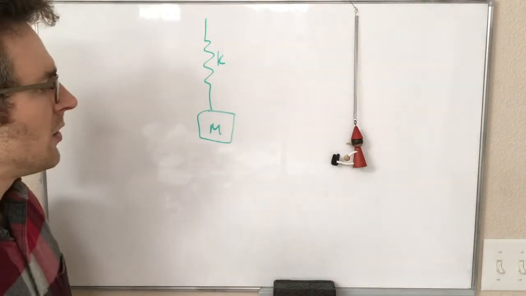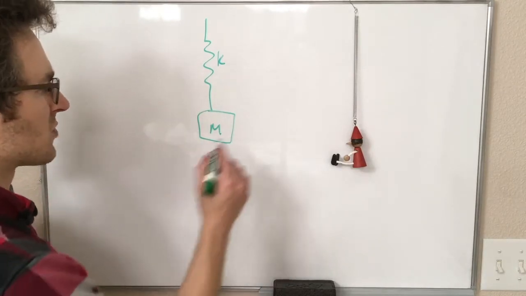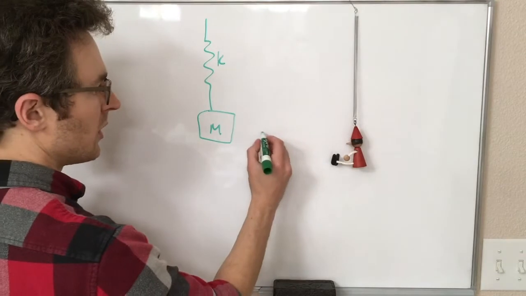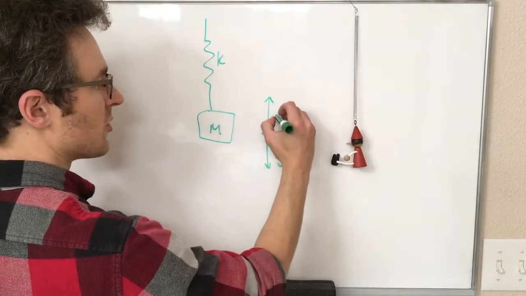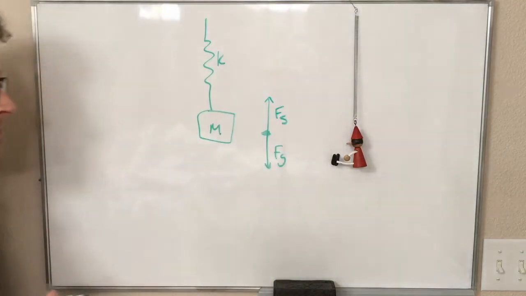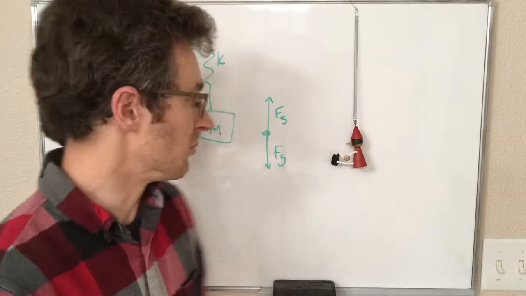So if we look at a free body diagram of this spring mass system, we know that this mass feels a force down from gravity, and it feels a force up from the spring. And right now, sitting here motionless, those two have to be in equilibrium, right?